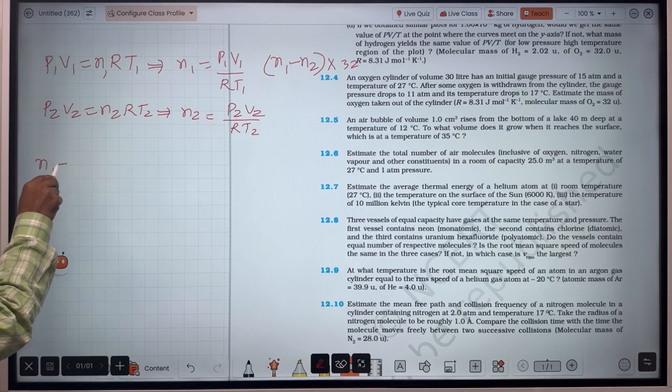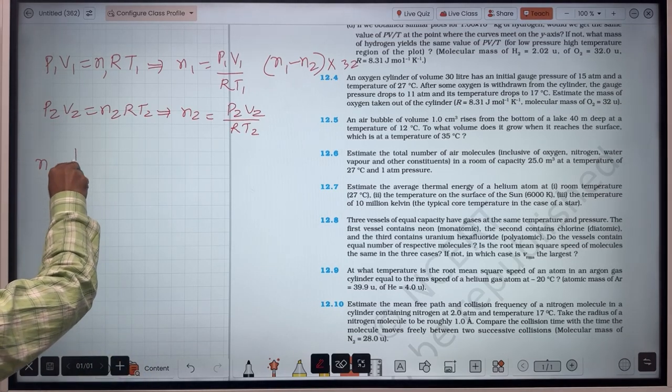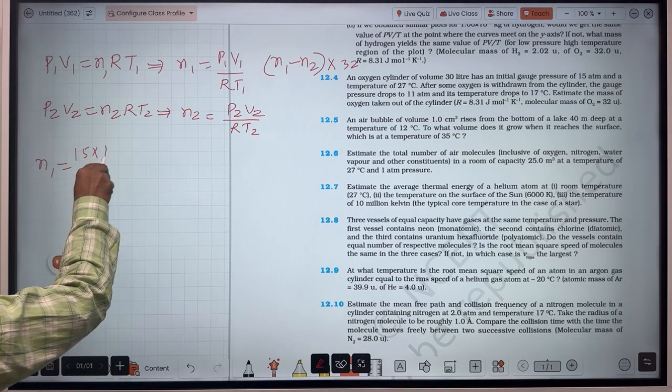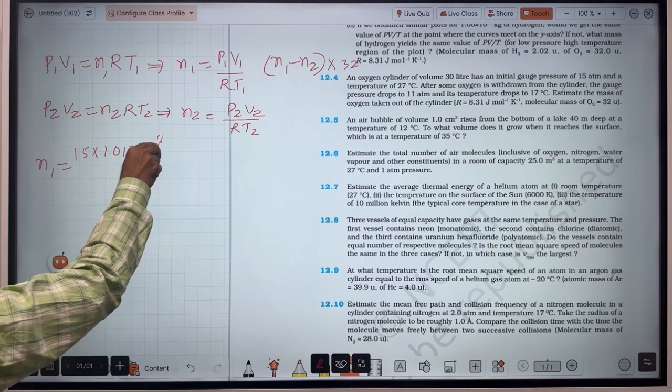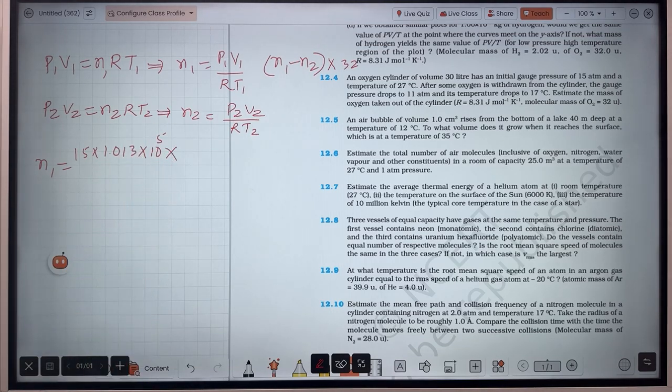So to get N1, what do we need? We need pressure P1. So P1 is 15 atm. So you can write 15 into 1.013 into 10 to the power 5, P1, then V1.